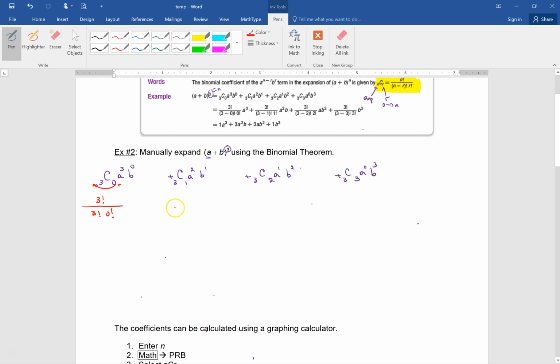Now I'm going to do the other one. On top, you always have the first number factorial. On the bottom, subtract the 2 numbers. 3 minus 1, what do you get? 2 factorial. And what's that second number? 1 factorial.